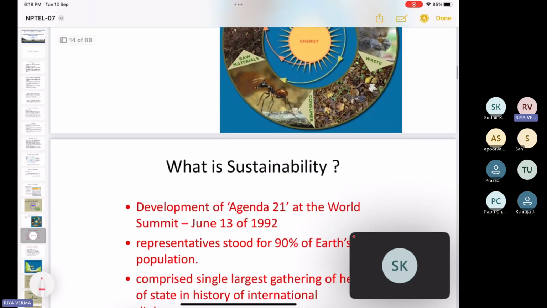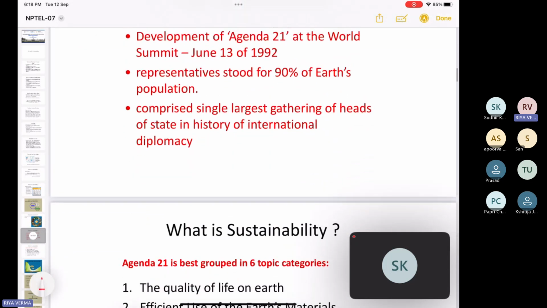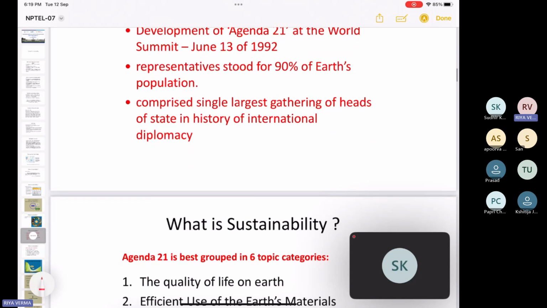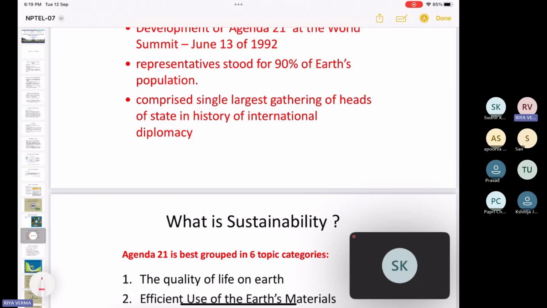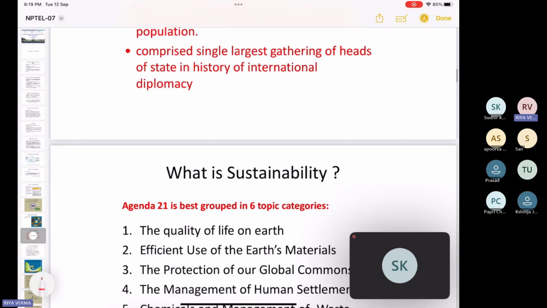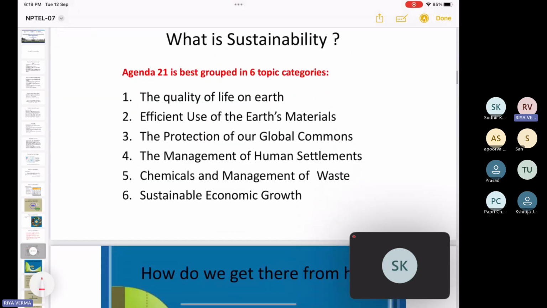And now, what is sustainability? Agenda 21 was developed at the World Summit on June 13, 1992, in which representatives stood for 90% of the Earth's population, and they comprised the single largest gathering of heads of state in the history of international diplomacy. Basically, this agenda was grouped into six categories.